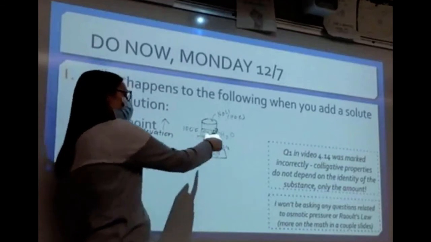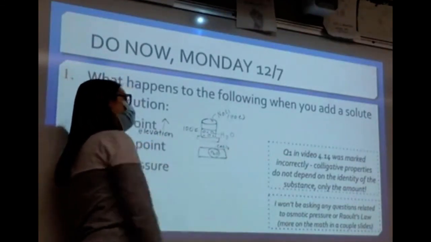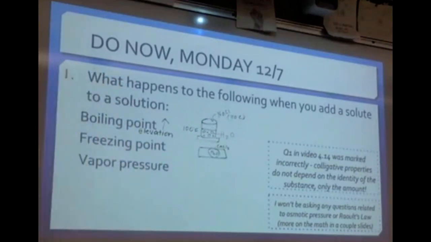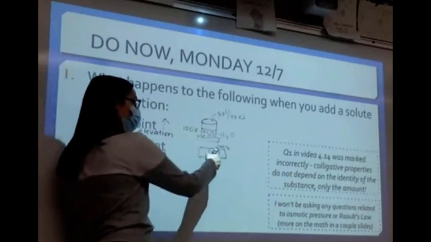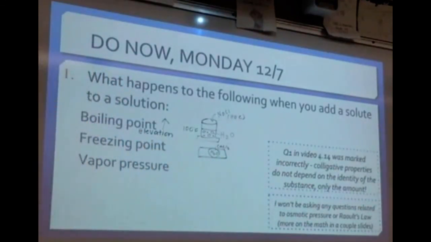And the reason that we add salt to the sidewalks and to the roads is because once we add that solute, we've created a solution. And now, in order for this solution to freeze, it has to hit a lower temperature.